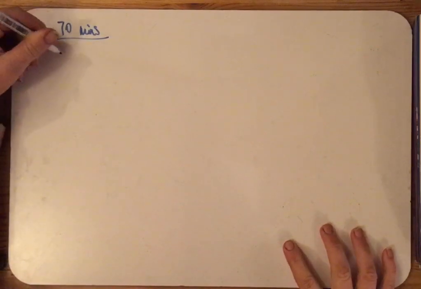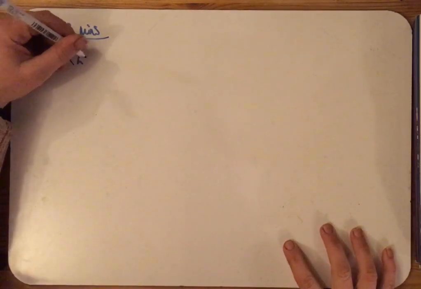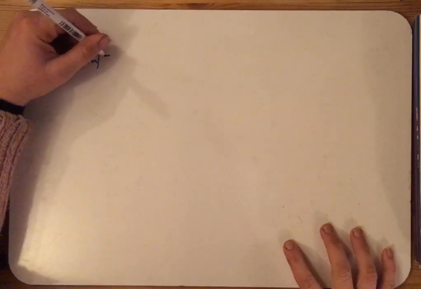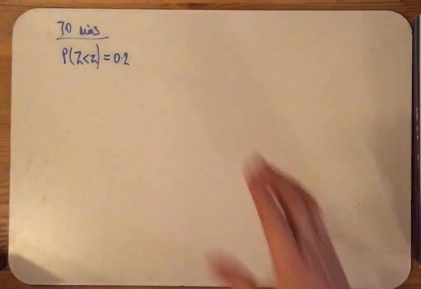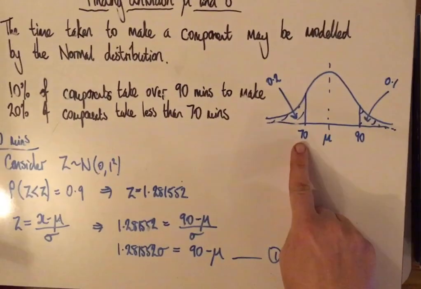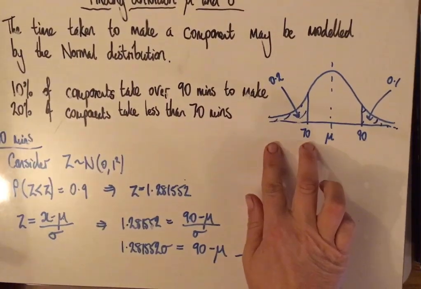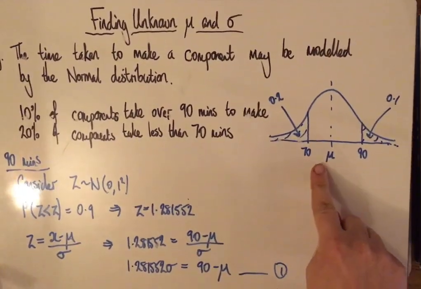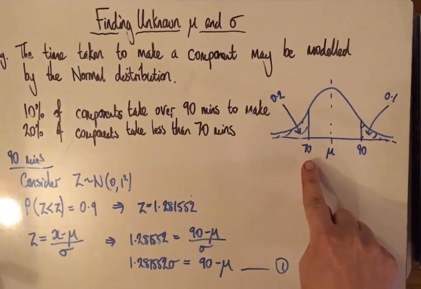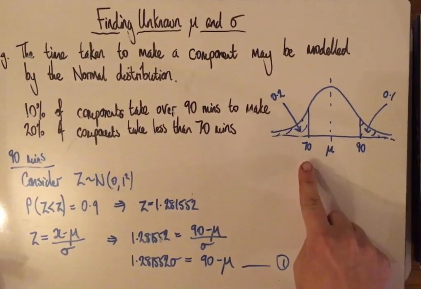Right, so we want the probability of being to the left of Z to equal 0.2. So I'm here now, and I want that to be 0.2. Because Z is going to be to the left of the mean, we're expecting Z to come out as negative.